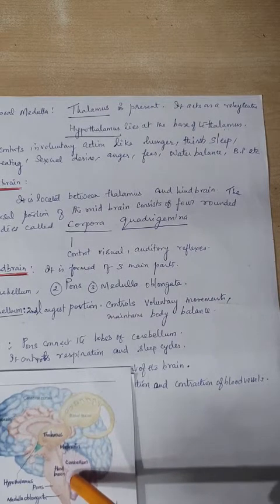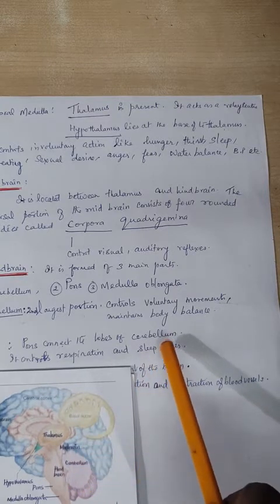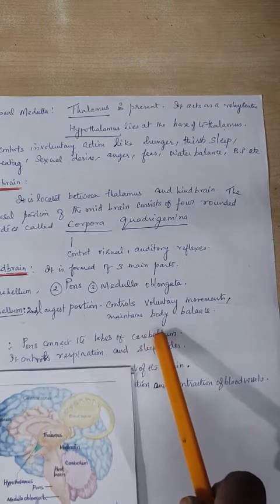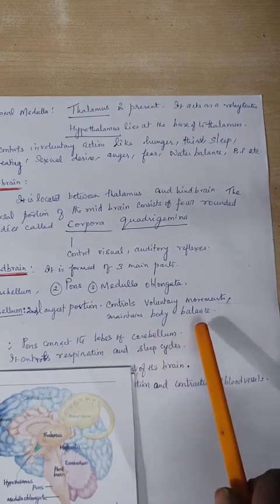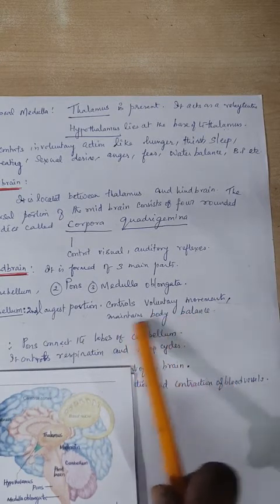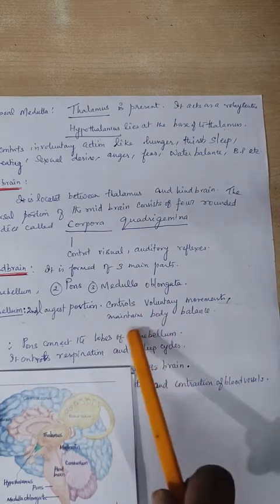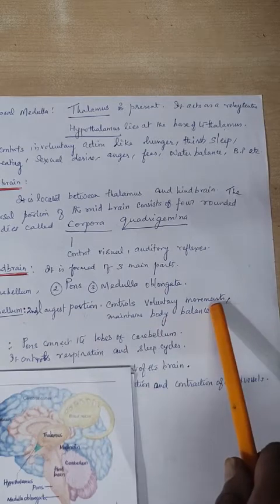I used to tell my students, a drunkard person cannot walk straight. Why? Because the cerebellum is affected. So the person cannot walk straight, because the body balance is not controlled, as the cerebellum is affected.